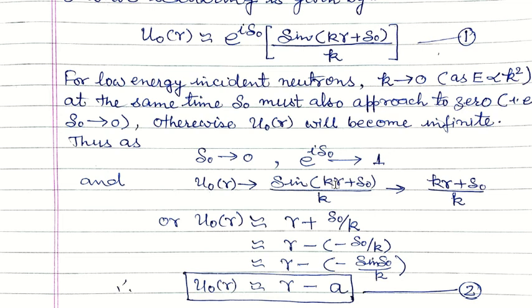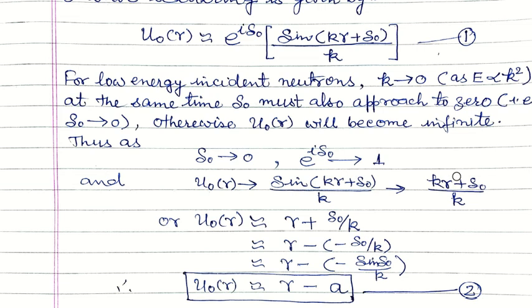As we know that for low energy neutrons, k tends to 0 and delta 0 also tends to 0, so this whole value tends to 0. In that case, sine(kr plus delta 0) can be replaced by kr plus delta 0, as we know that sine theta for theta tends to 0 is equal to theta.